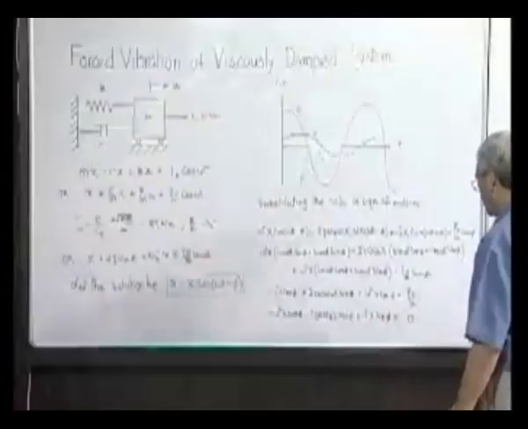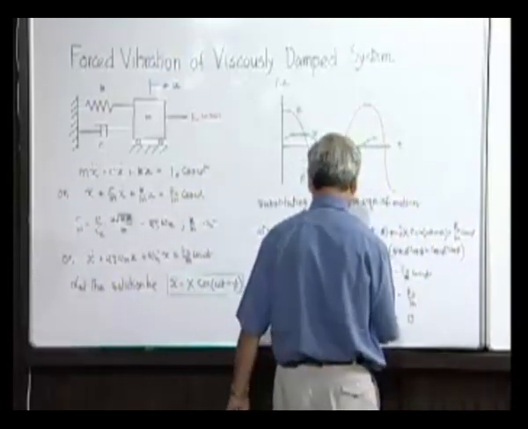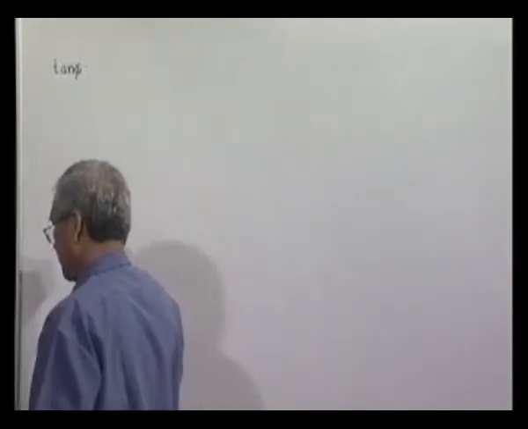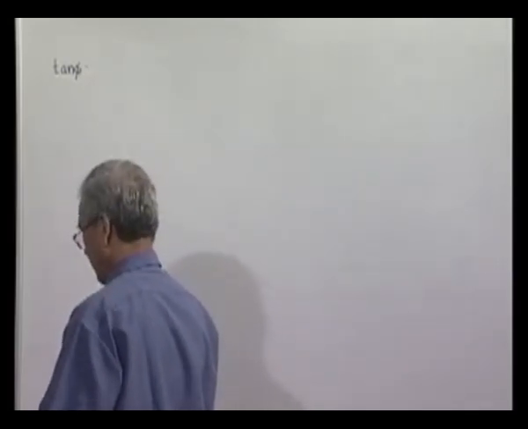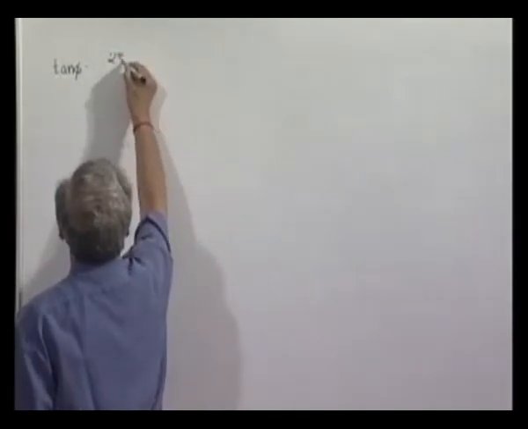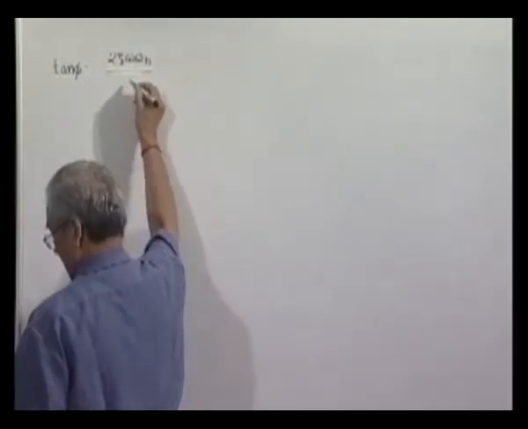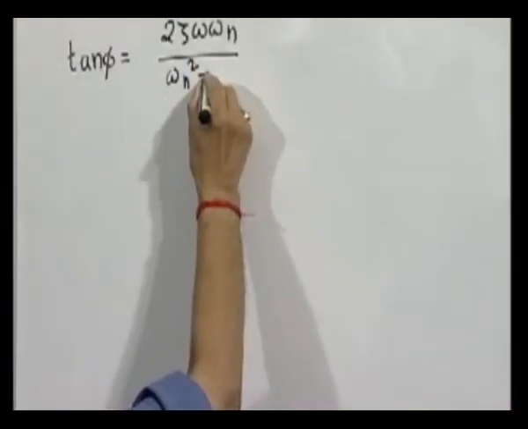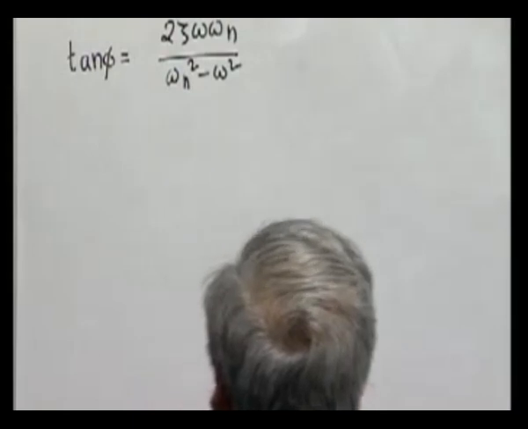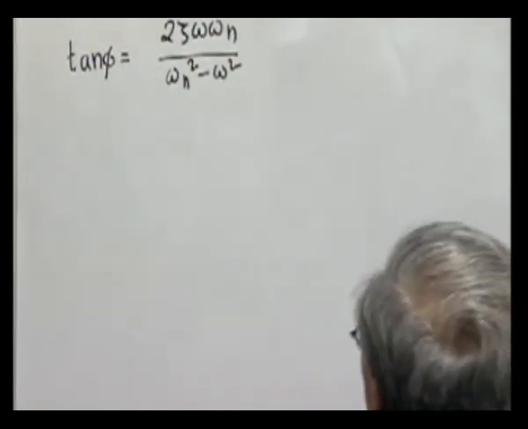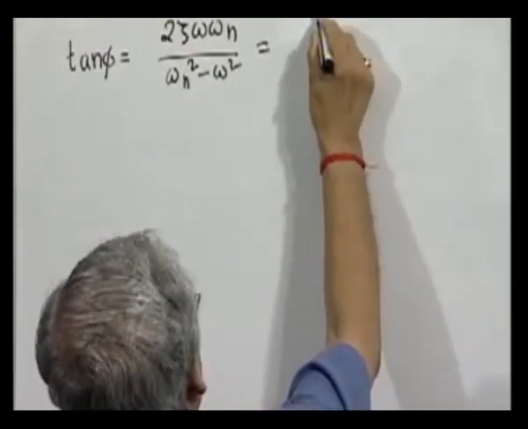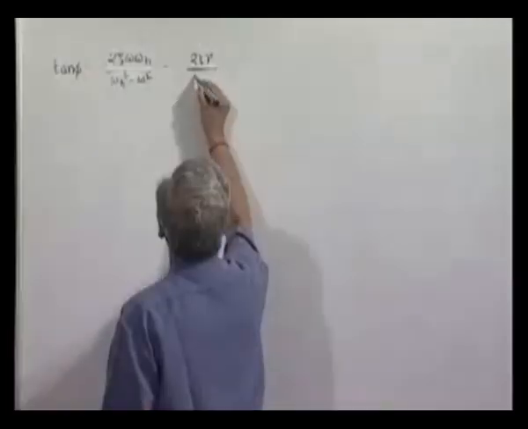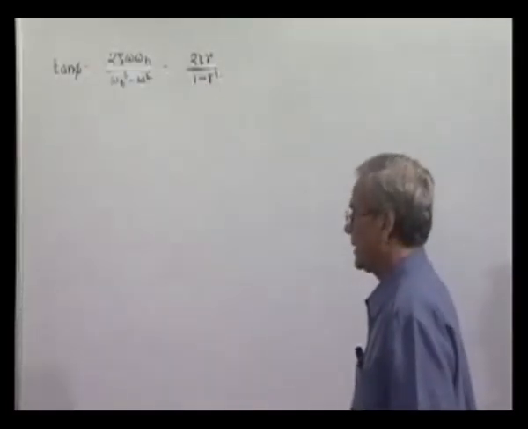So from this we get, if we take sine phi and cosine phi, tan phi is equal to zeta omega, and if we divide the numerator and denominator by omega n square, we get 2 zeta r. That is the second equation.